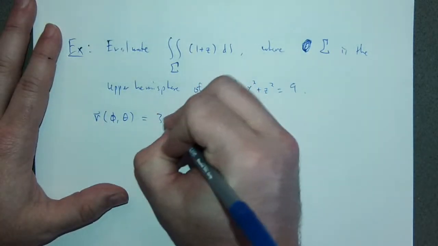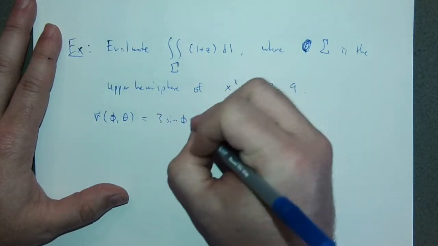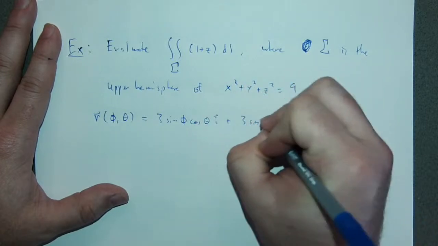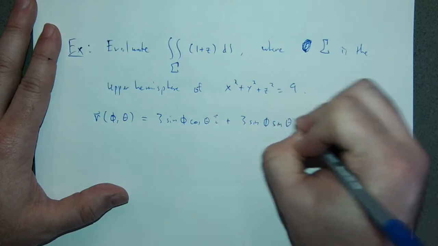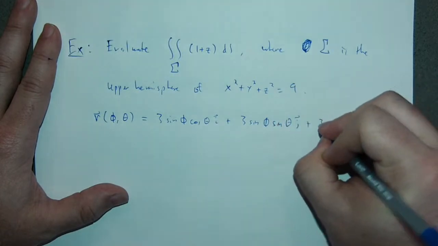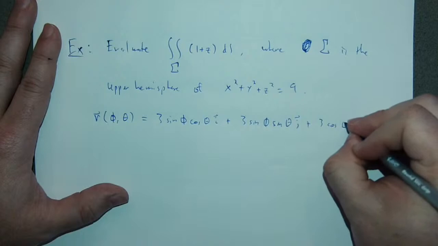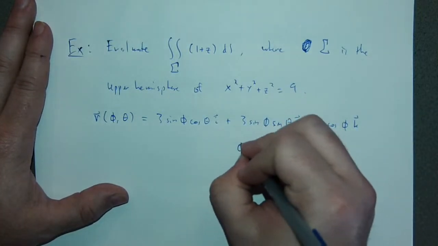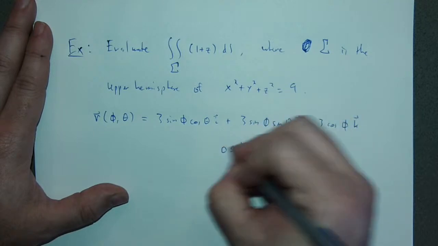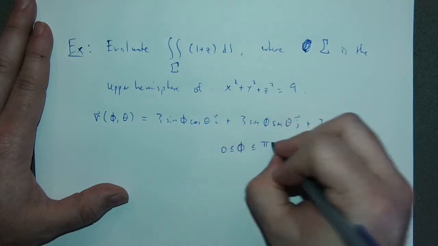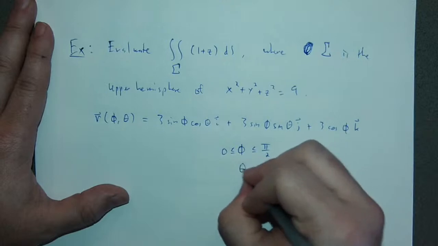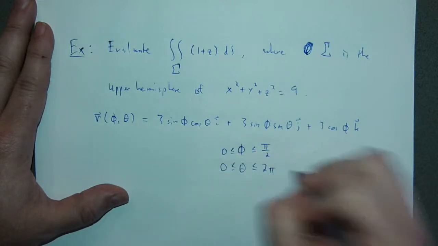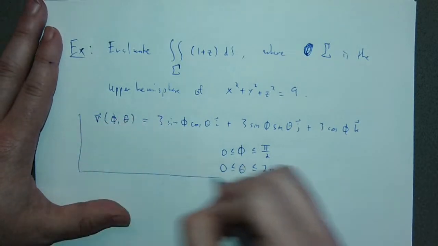This is going to be 3 sine phi cosine theta i plus 3 sine phi sine theta j plus 3 cosine phi k. All I'm changing is that instead of phi going from 0 to pi, it goes from 0 to pi over 2. And theta still goes all the way around, so it's still 0 to 2 pi. Okay.